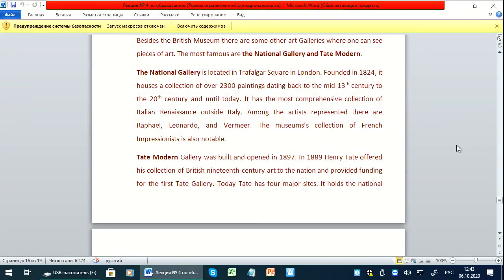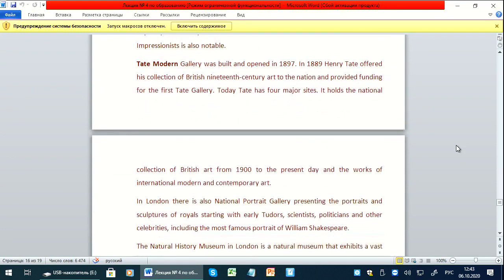Today, Tate has 4 major sites. It holds the national collection of British art from 1900 to the present day, and the works of international modern and contemporary art.